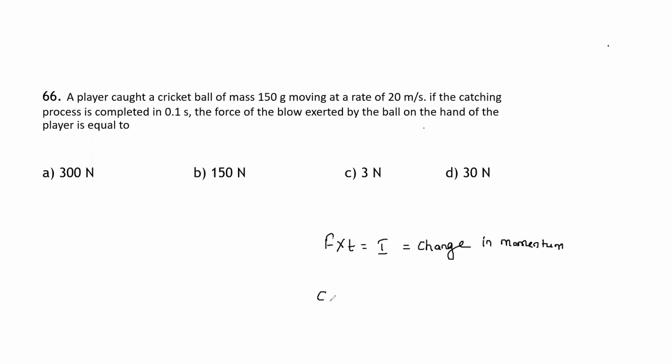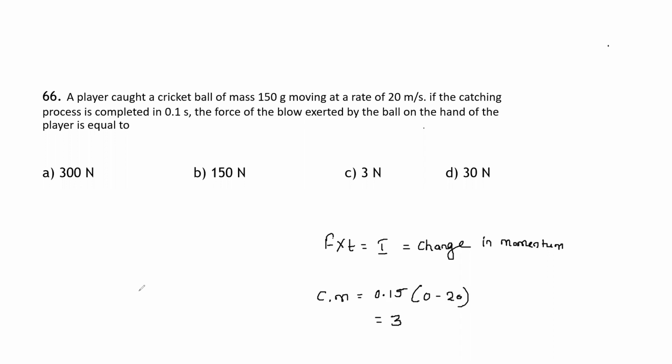Therefore, we can write change in momentum is equal to mass, which is 150 gram. We need to take it in terms of kg, so it is 0.15 kg into the change in velocity, that is 0 minus 20. So the change in momentum is 3 in magnitude. But we need to calculate force.